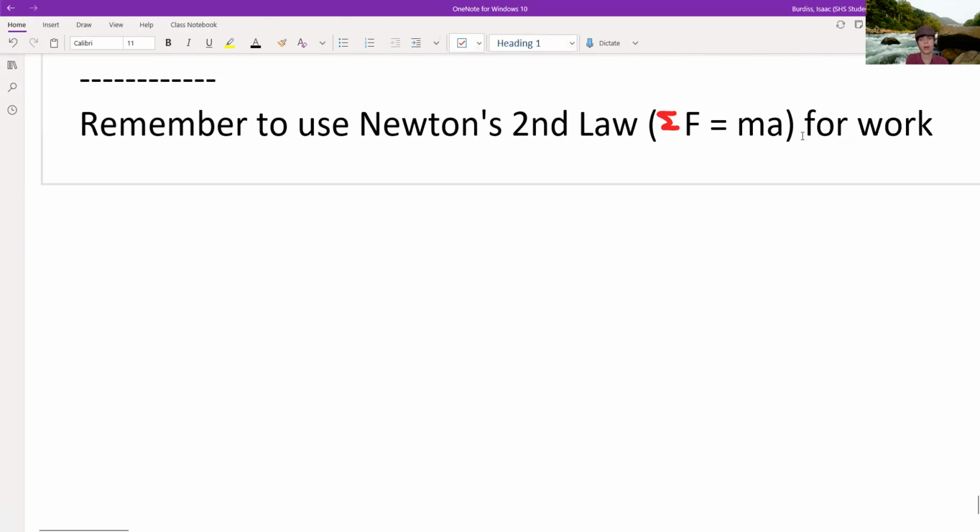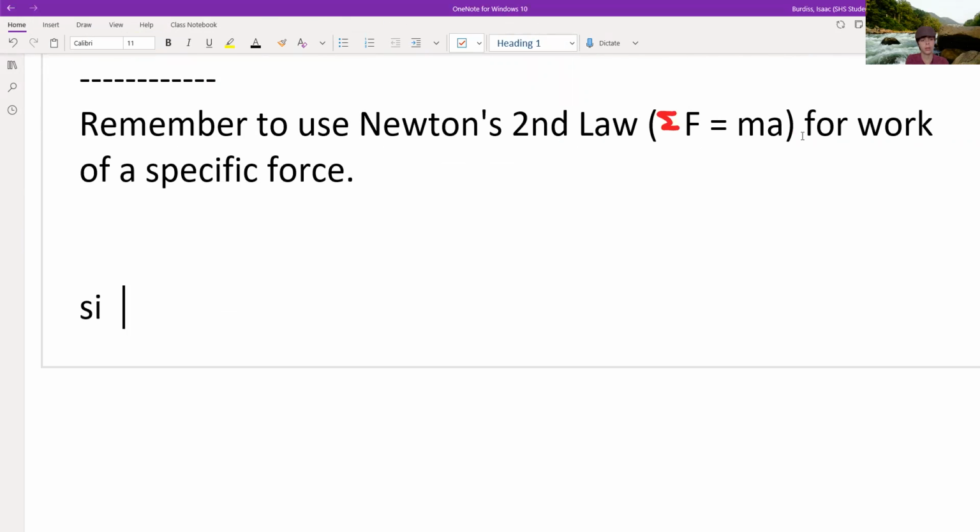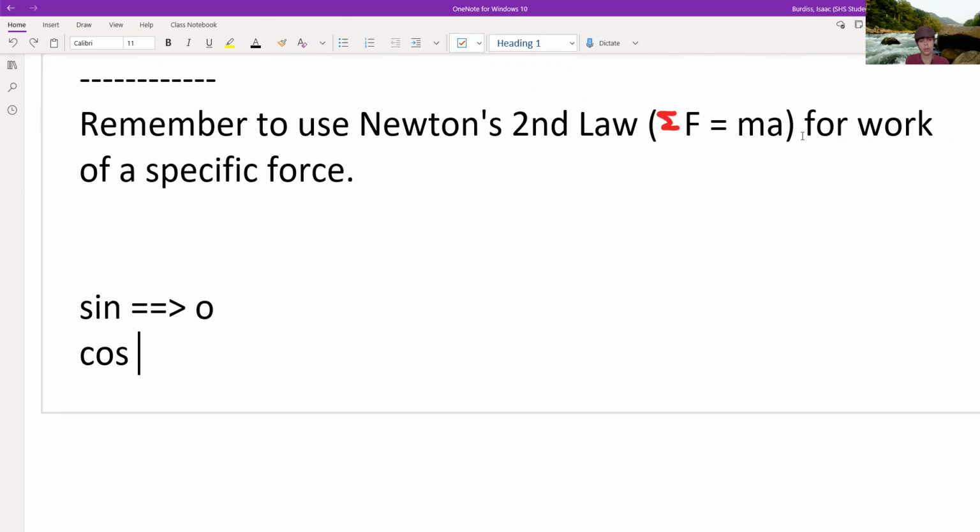For work of a specific force, sine is if the component you're trying to find is opposite to the actual line, and cosine is if it's adjacent.